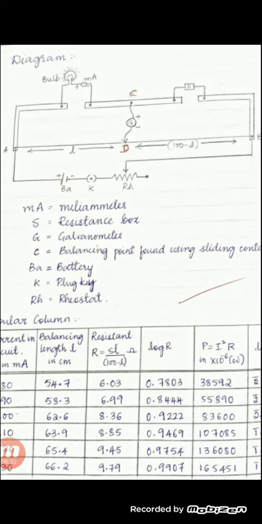What is the statement of Stefan's law? It states that the total energy radiated per unit surface area of a black body per unit time is directly proportional to the fourth power of its absolute temperature.